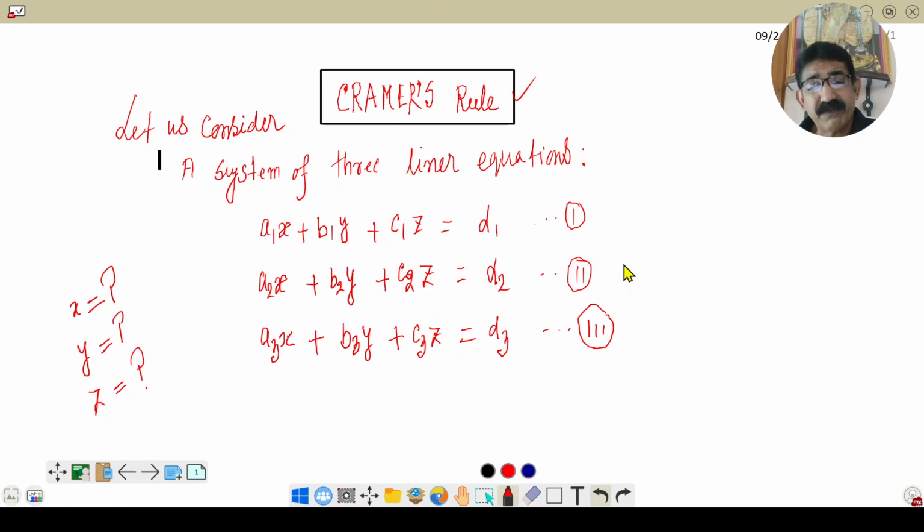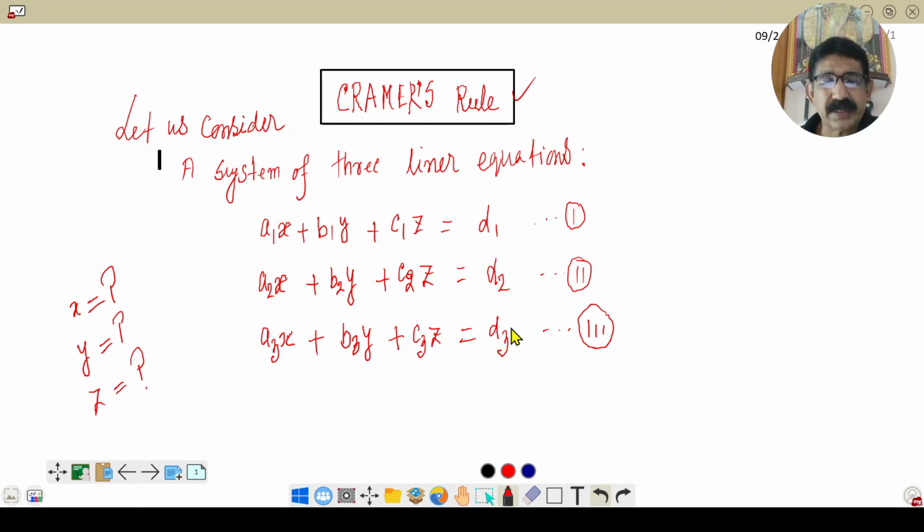Now we are framing three sets of equations. And actually the original proof of this rule is not the matter of discussion in a physics class. It is a subject matter of pure mathematics.